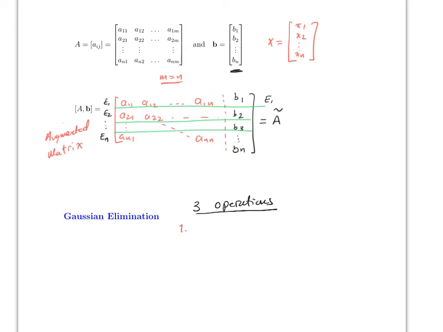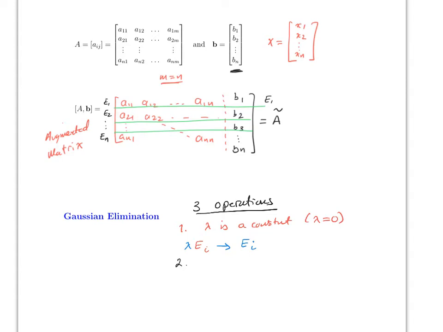The first operation: if lambda is a constant that cannot be 0, and you multiply any row, let's say Ei, times the constant, then whatever you get can replace the original row. The second operation is a combination of the first one plus something else.